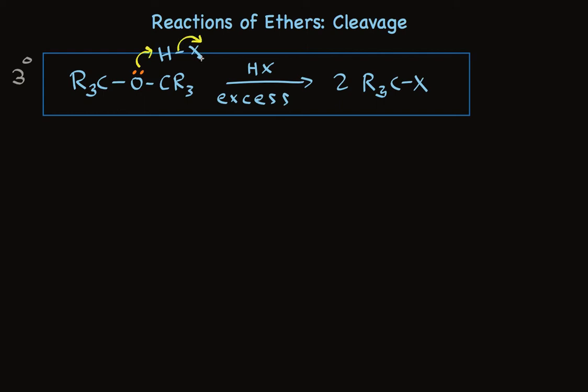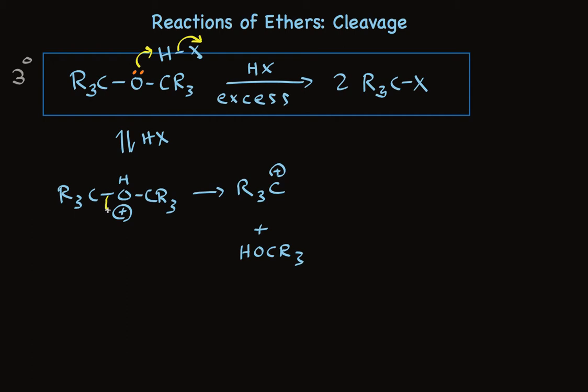This makes the halide that will react later as we protonate the ether in an equilibrium reaction. Now once again we've made a good leaving group. The difference is that it's attached to a tertiary carbon rather than a primary carbon. So this results in an SN1 reaction. We simply picture the cleavage of this bond. Nothing's forming. As that leaving group leaves, here's the alcohol, to make a carbocation.